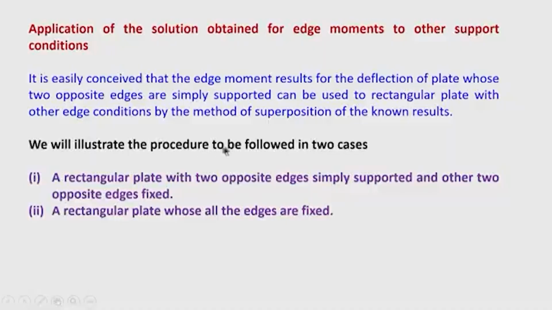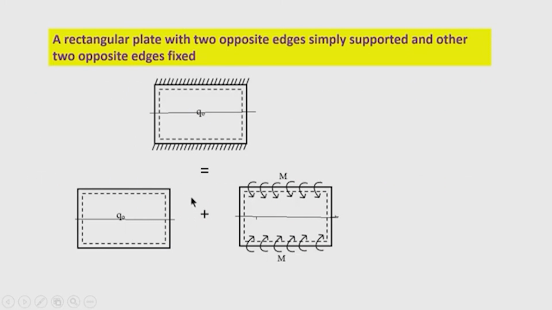So, we will illustrate the procedure to be followed in two cases: a rectangular plate with two opposite edges simply supported and the other two opposite edges fixed, and second, a rectangular plate whose all edges are fixed, that is a clamped plate. Let us see the first case. As already obtained in my earlier classes, two edges, x equal to 0 and x equal to a, are simply supported, where this length is a and this is b, and y equal to 0 and y equal to b are clamped.